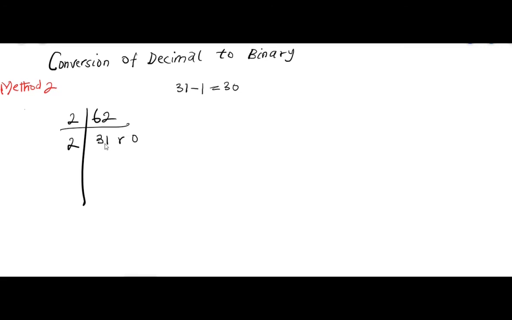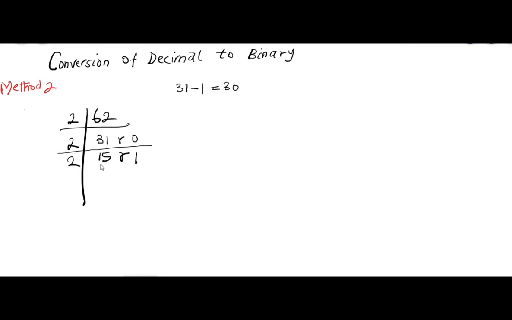Then the 1 that you subtracted is the remainder 1, because if you multiply 15 by 2, you have 30, and if you add this 1, you have 31 back. The next step is we are going to divide 15 by 2 again.